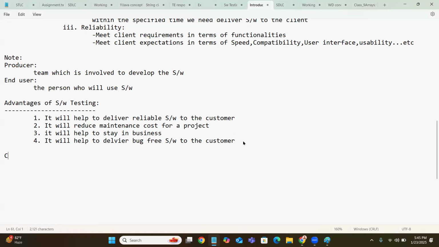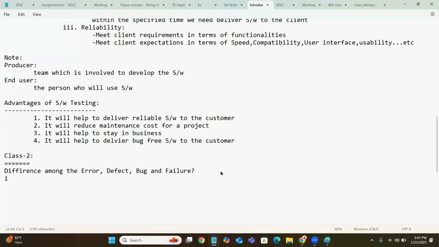Okay, now as class 2, what I am going to explain to you here is the difference among the error, defect, bug, and failure.